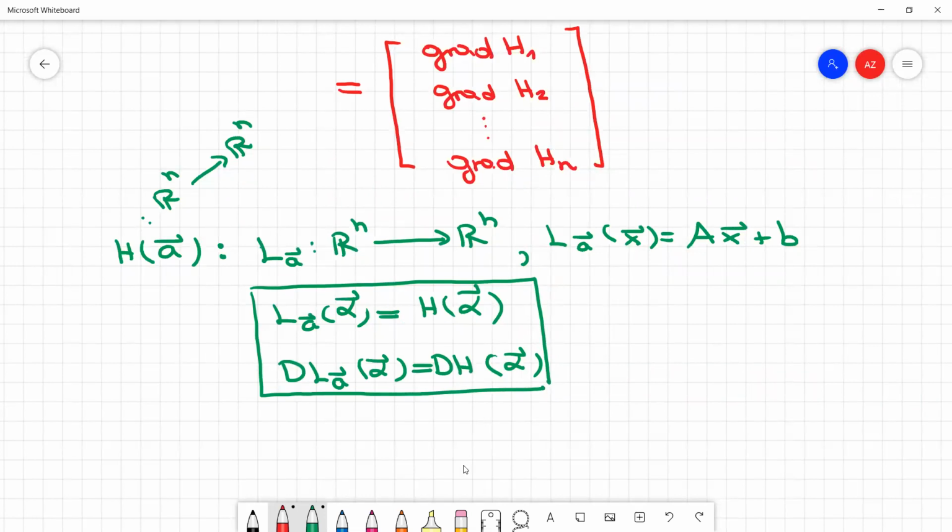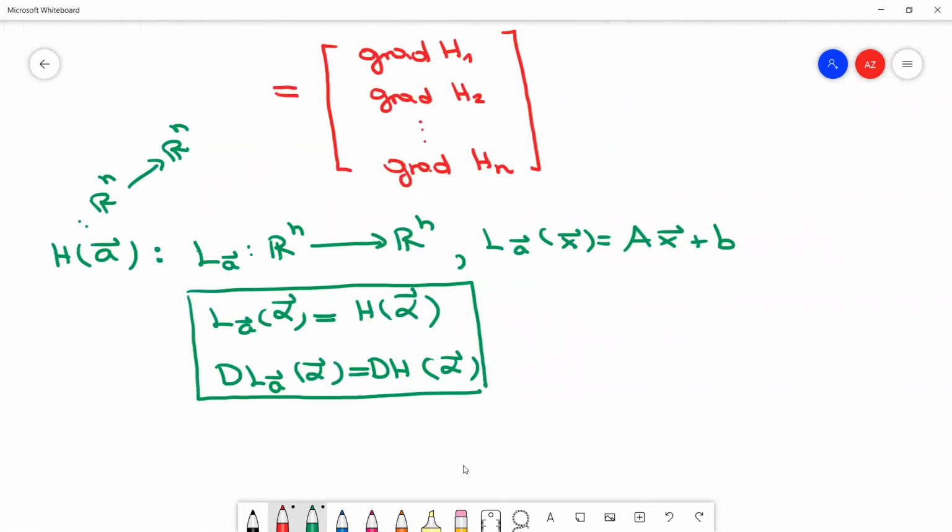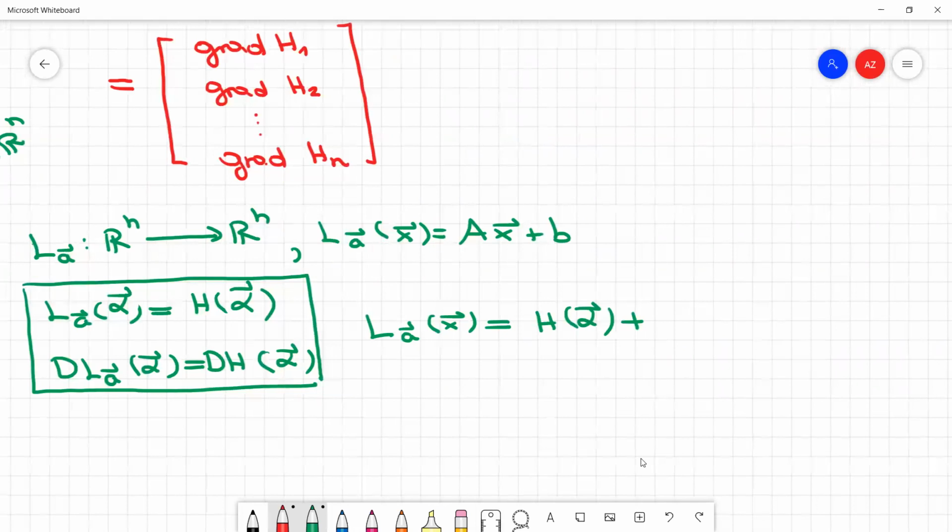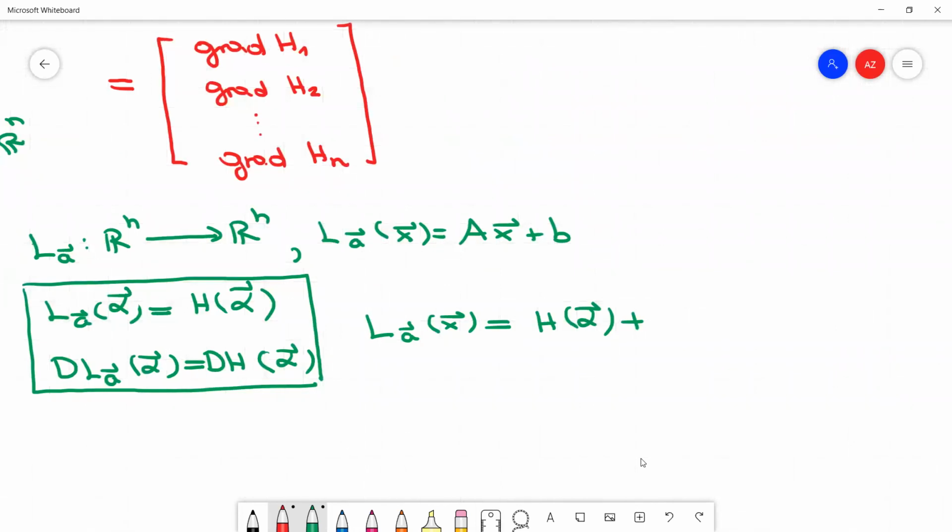And again, what we did in the tangent method was that L was exactly of this form, L of x. This was h of alpha plus, and then we had here something.